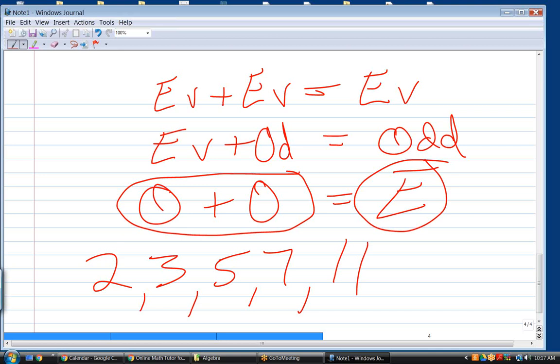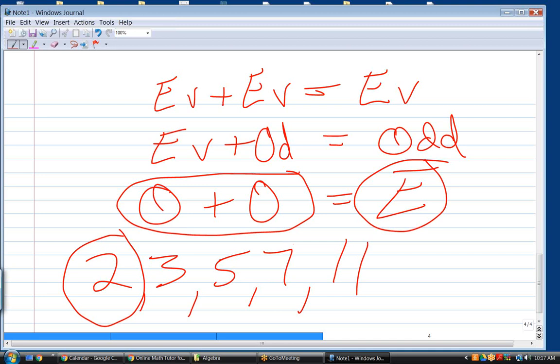It would have to be 2, because if it was anything other than 2, when I added it, I would have an odd number. It's very difficult to add 3 prime numbers and get an even number. The only way you can do it is if one of them is 2, and the other 2 are odd numbers. I know for sure the other 2 are odd because there is only one even prime number.